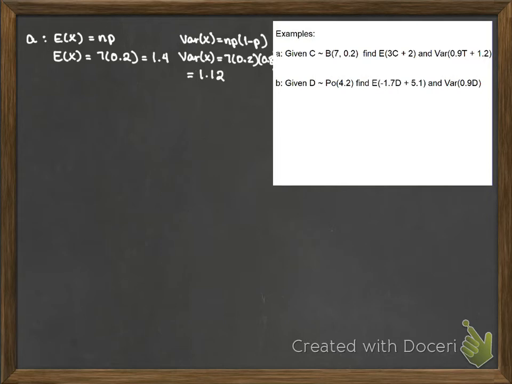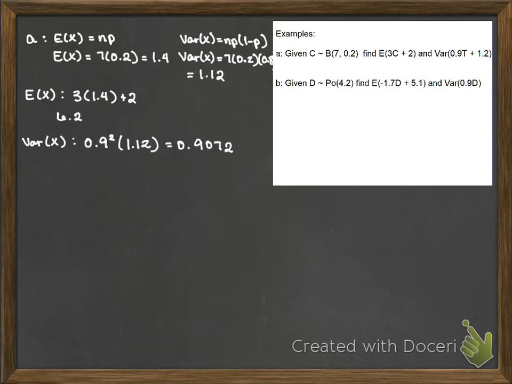So finding our new expected value after the transformation, we'll have 1.4 times 3 plus 2. That new expected value is 6.2. And for our variance, the 1.2 isn't going to affect it, so it will be 0.9 squared times 1.12. Our new variance is 0.9072.